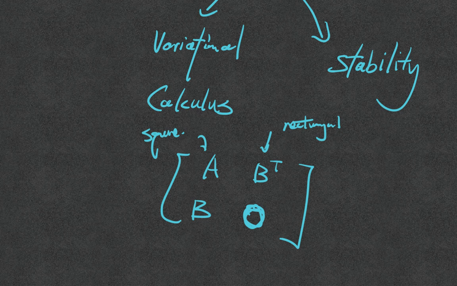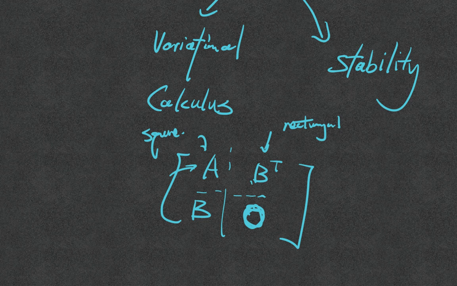When you assemble the system of equations, you will find that you have eigenvalues of very different magnitude. And you need to be able to solve the block system by ensuring the stability both on the A and also on the B term.